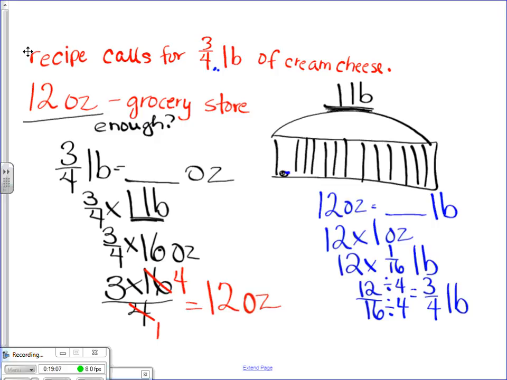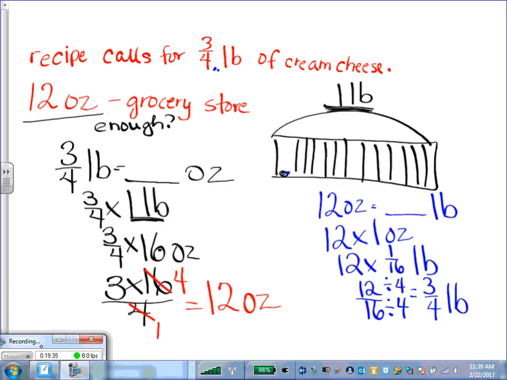Either way, you still get the same thing. You have to make it like a fraction and multiply it. Would that be what I just did? No. You did 3/4 times 1/16? Yes. But that's not what it is.